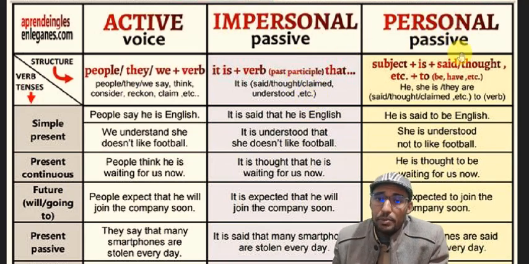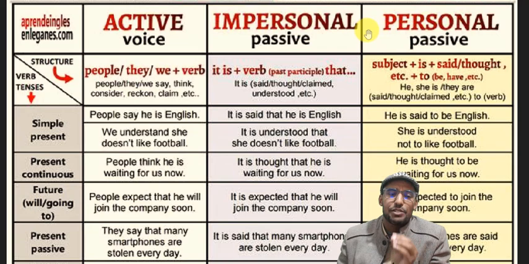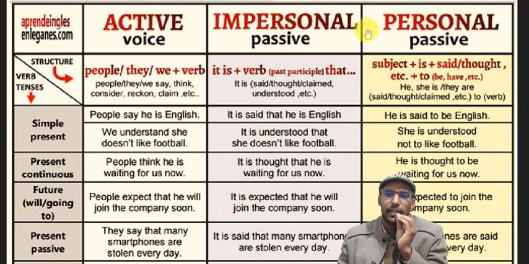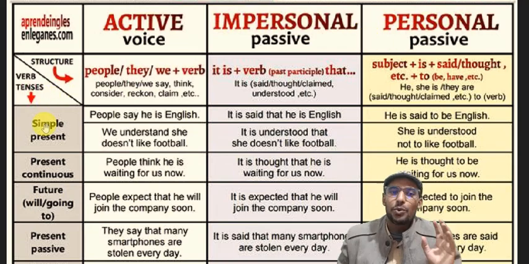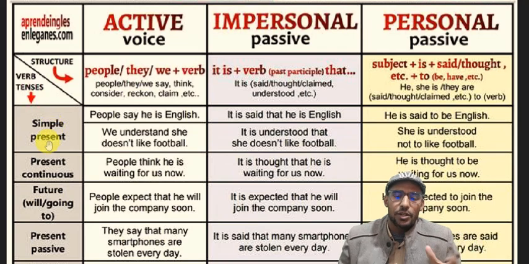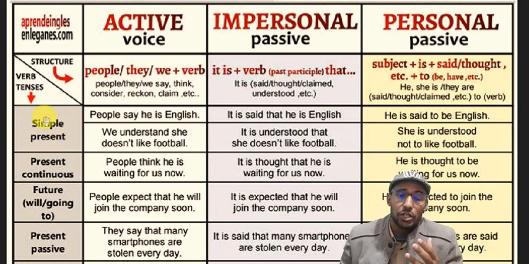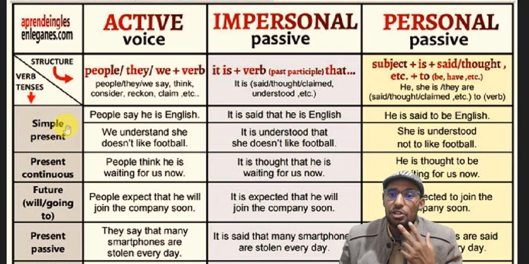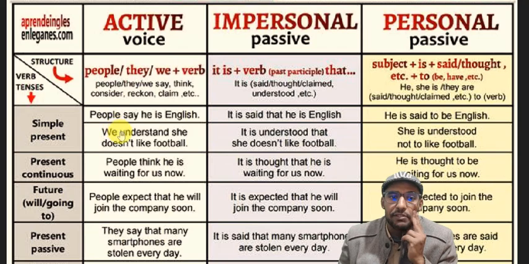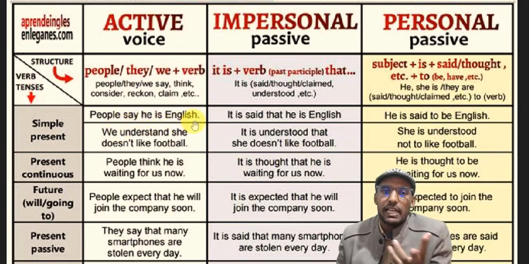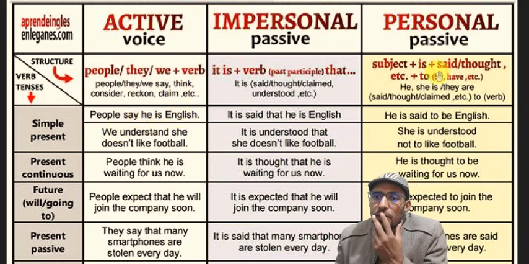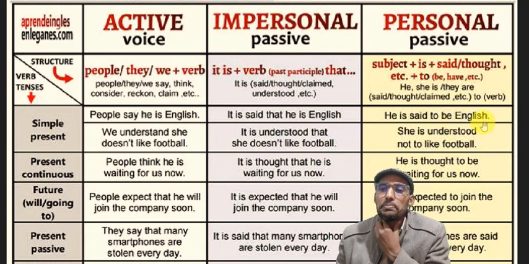But when it comes to the personal passive, there are some changes at the level of the verb. As I told you before, I have suggested that the second verb was in the present simple. So when we move from active, for example, people say he is English, the personal passive will say he is said to be English.